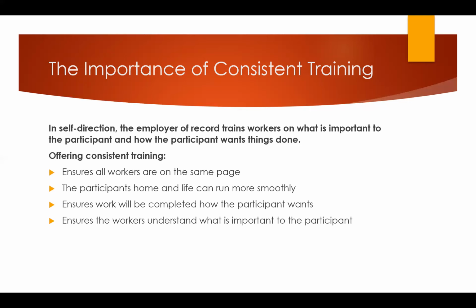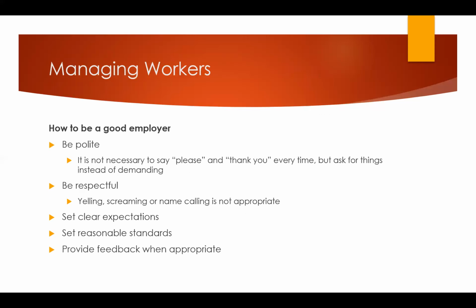Also, your home and life can run more smoothly. You can ensure the workers know how things should go. Consistent training also ensures work will be completed how you want. If you're doing the training, it will be done how you want it. And finally, with consistent training, you can ensure the workers understand what is important to you.